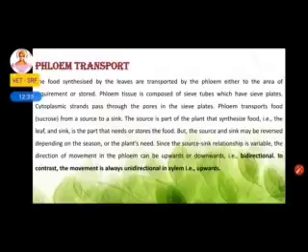The direction of phloem transport is always bidirectional, from source to sink or from sink to source. But the transportation in xylem is always unidirectional. That is, the transportation is always from root to the top of the plant. So this is about phloem transportation.